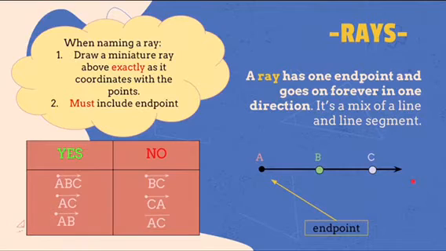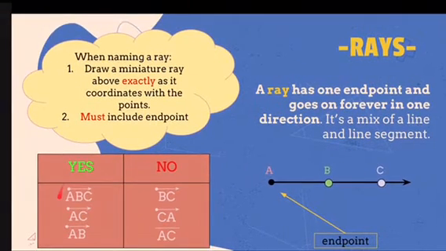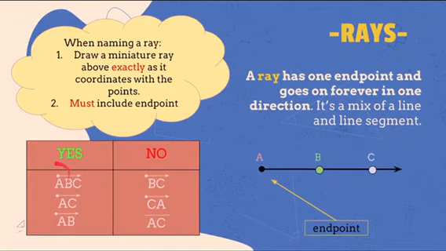Now I'll show you what I mean. We'll name this ray. Now, we can name it by calling it ray ABC because the endpoint, A, coordinates right under the endpoint as shown in this miniature ray.